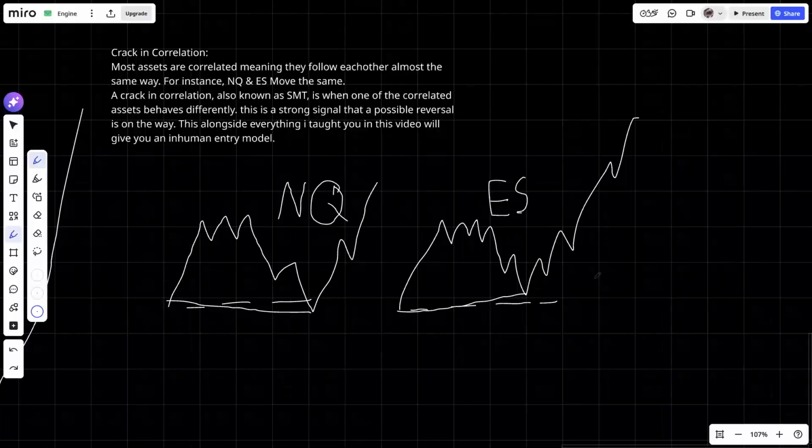But this doesn't necessarily mean that you only have to trade the S&P. You can trade both. The reason is, if the S&P is stronger than NASDAQ and it's going to fly, it's going to also push NASDAQ up with it. But if you want the correct answer, the best one to trade is the one that does not sweep.